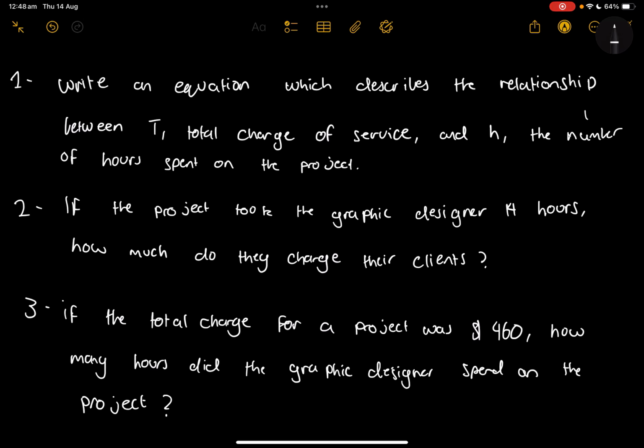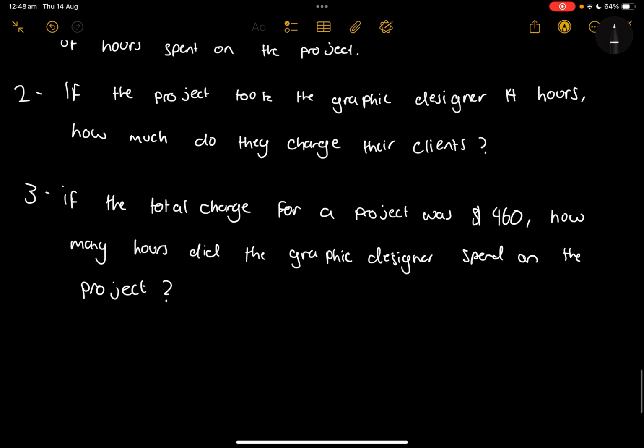Question 2. If the project took the graphic designer 14 hours, how much do they charge their clients? 3. If the total charge for a project was $460, how many hours did the graphic designer spend on the project?